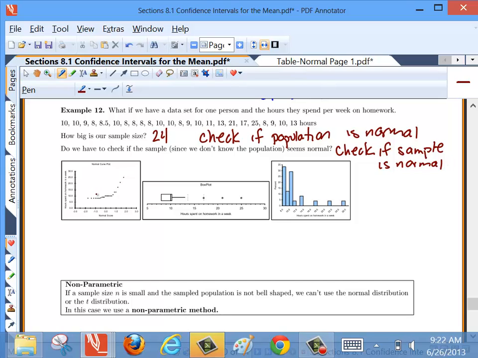My normal curve plot is definitely not a straight line. In my box plot, notice how the median isn't close to the middle, so this is definitely skewed, and my histogram is very skewed. So, close enough to normal or definitely not normal? This is definitely not normal.